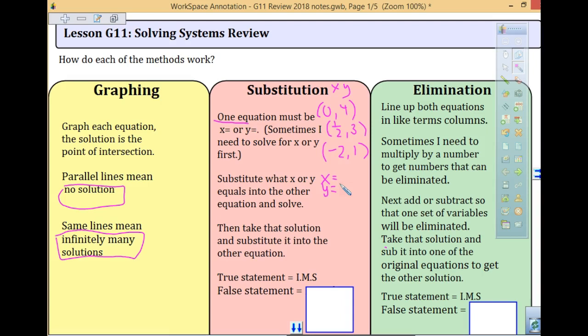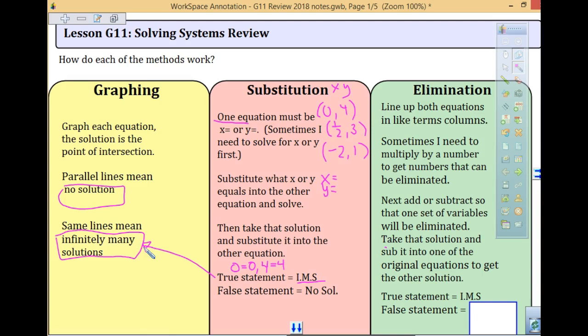And as you look at this, if we are substituting and we get a true statement, that is our infinitely many. So when you have something like 0 equals 0, 4 equals 4, infinitely many solutions, right?